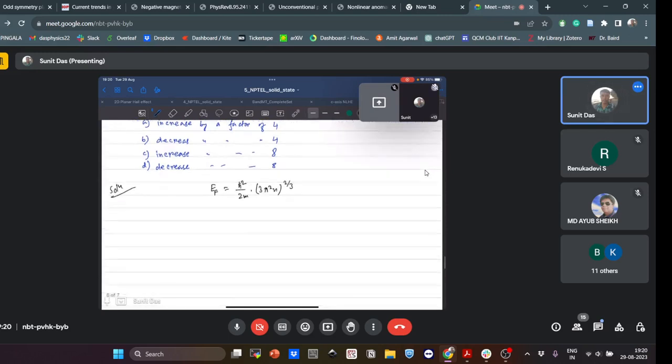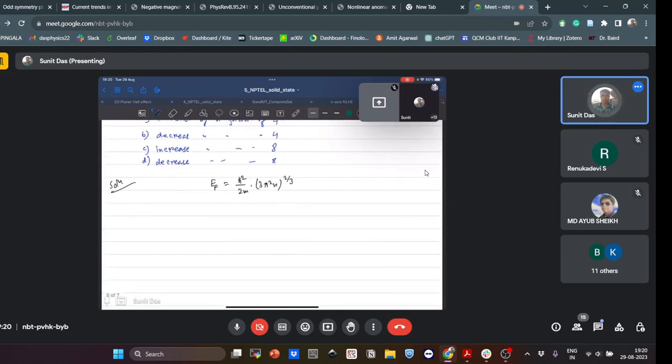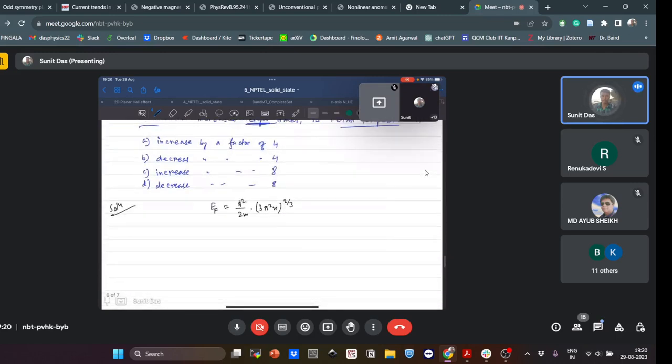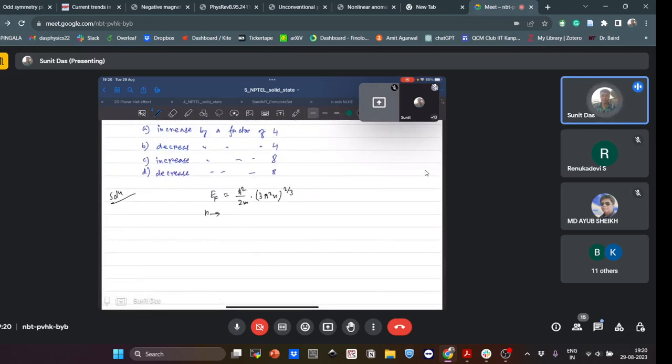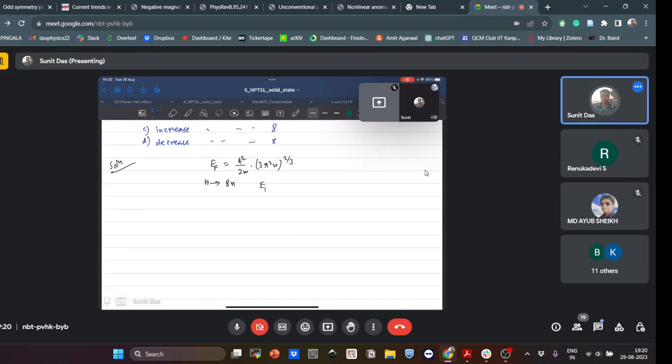Now let's say what is given: the concentration is increased 8 times, 8n. So if we now represent the Fermi energy by E_F dash, then it will be h bar square by 2m times (3 pi square into 8n) to the power 2/3, right?